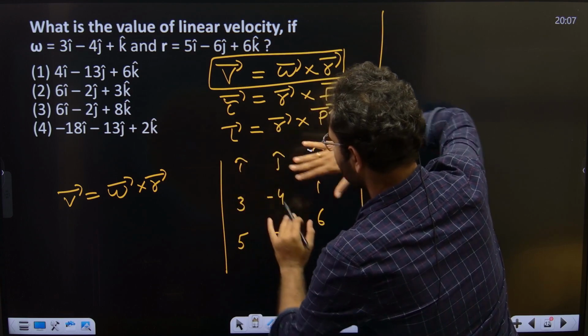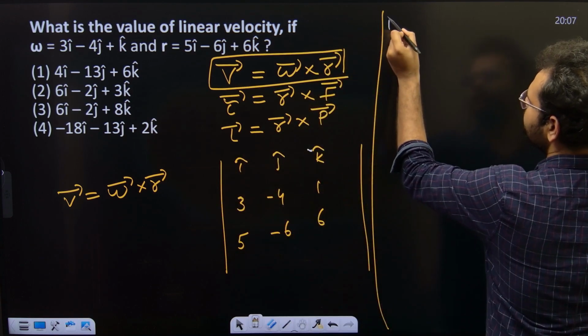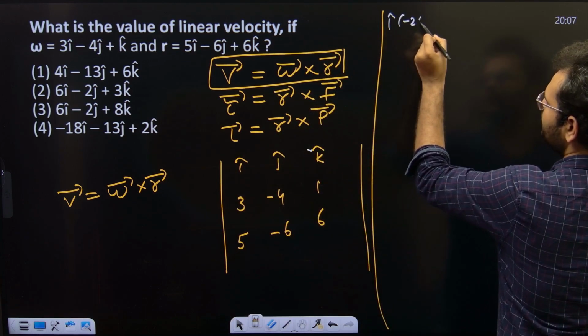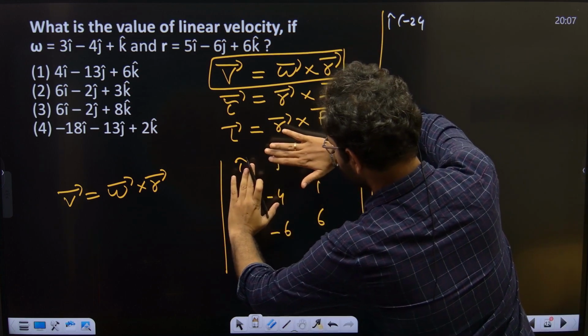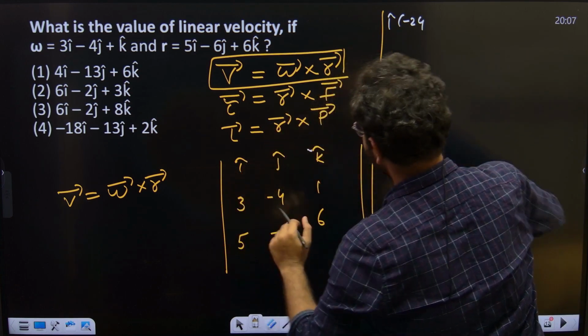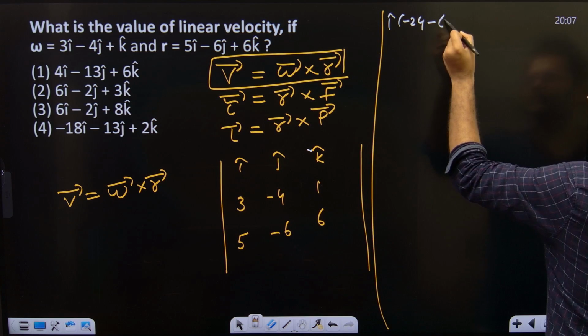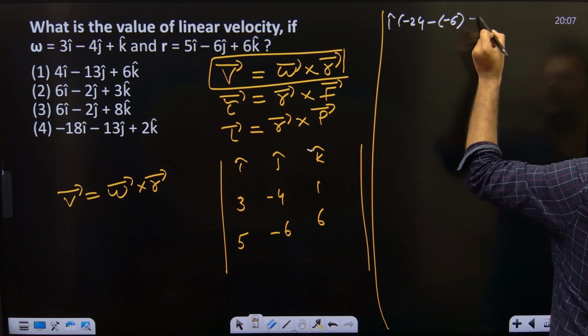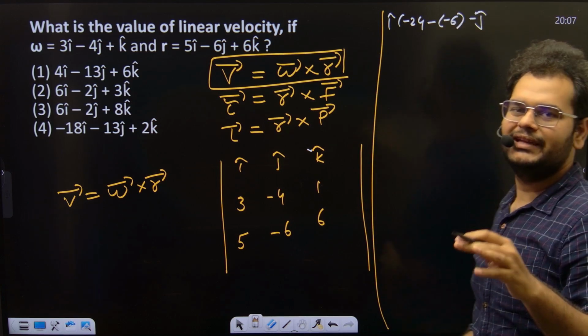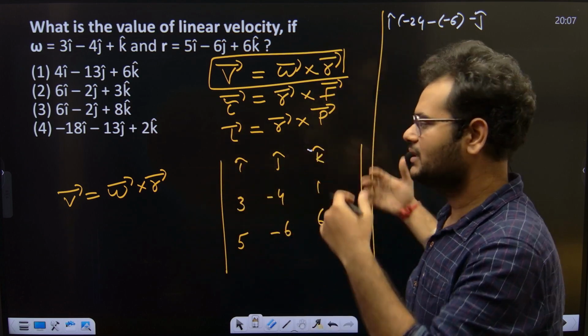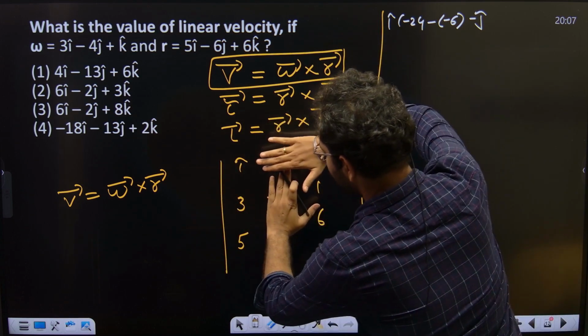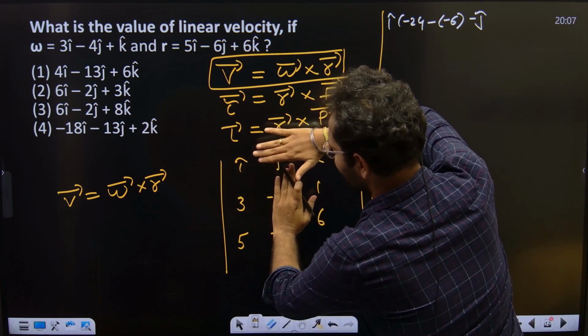6 into minus 4, that is minus 24. So I will write i cap minus 24, and then minus 6, that is minus 6. Then minus j comes. Again this is the rule that minus j comes: i cap minus j cap plus k cap. So minus j: 6 into 3 is 18, 18 minus 5 is how much? 13.